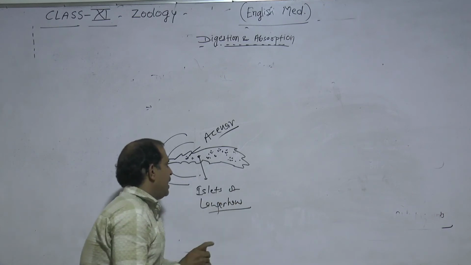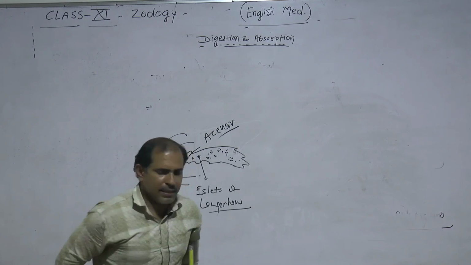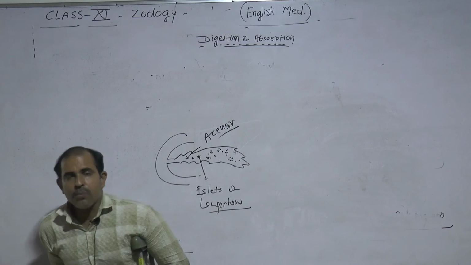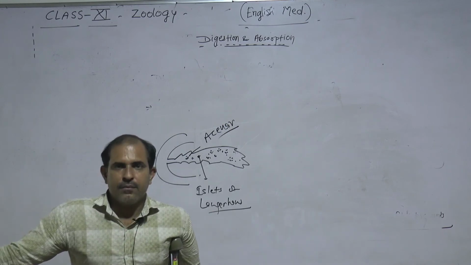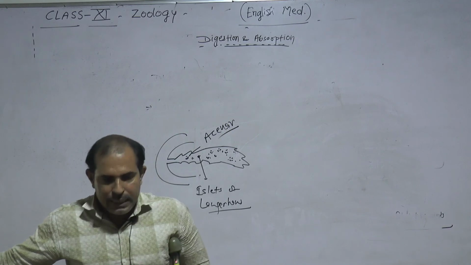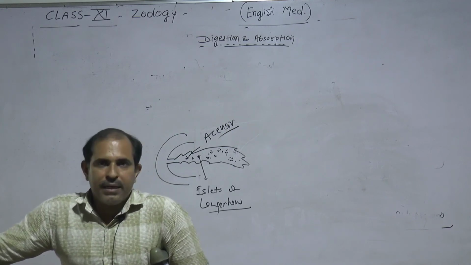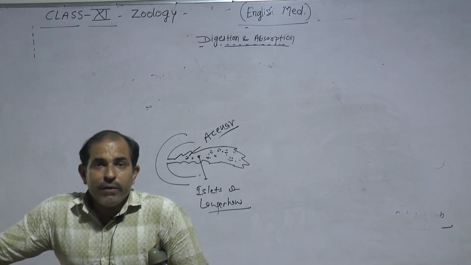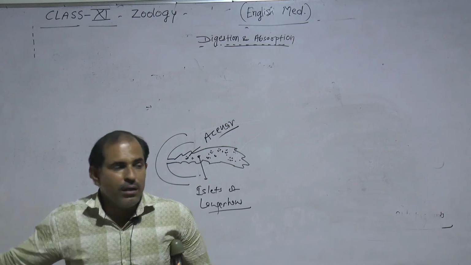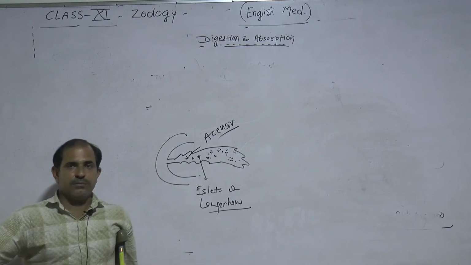Islets of Langerhans secrete hormones, and about 1 million islets of Langerhans are present in the pancreas, equally distributed on the surface of pancreas.